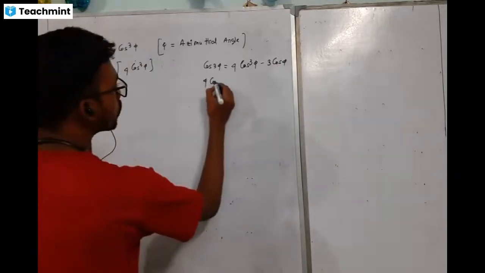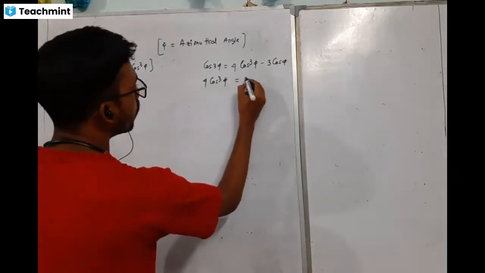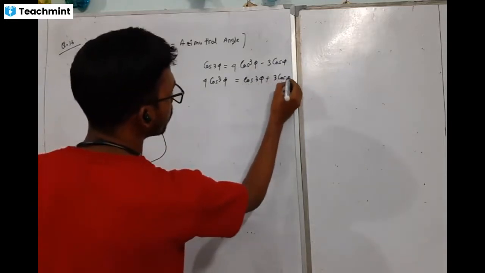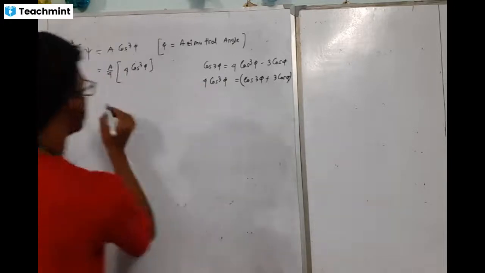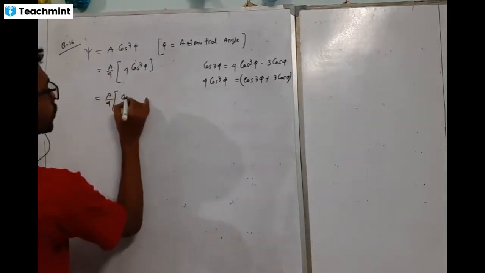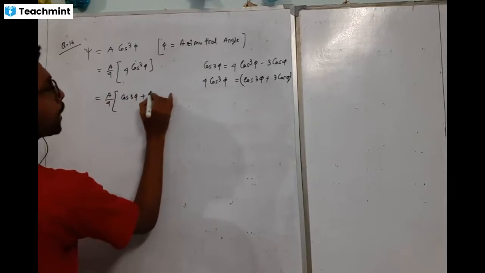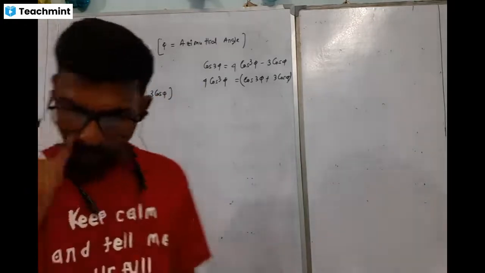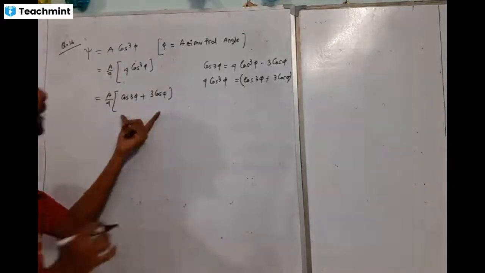So 4 cos cube phi equals cos 3 phi plus 3 cos phi. Let's introduce in this expression a by 4 times cos 3 phi plus 3 cos phi.